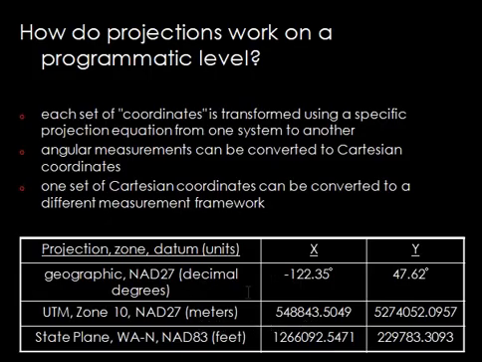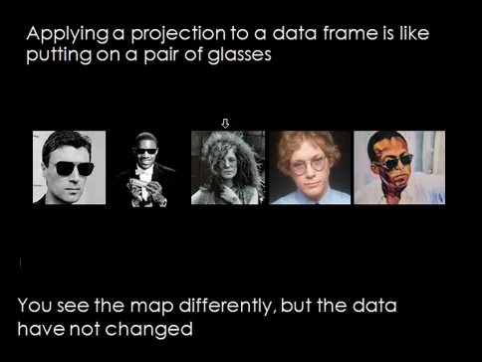This is an example where the table shows a projection model of a geographic picture showing its axes in latitude and longitude directions in angular representation. This particular picture shows that applying a projection to a data frame is like putting on a pair of glasses.